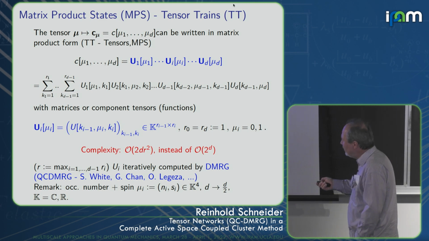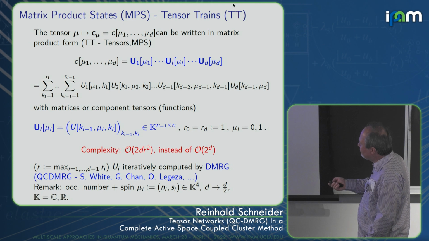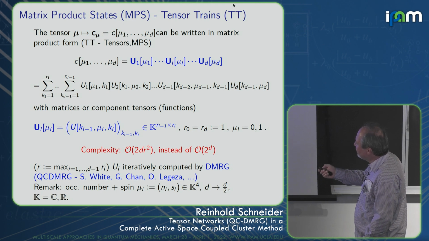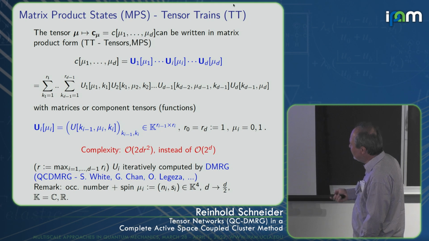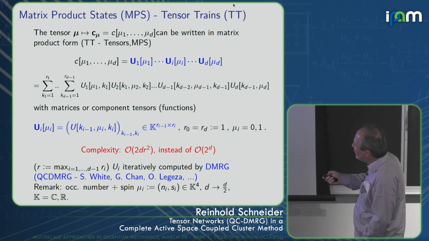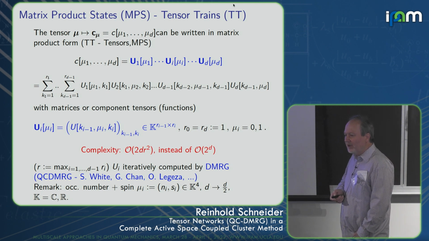So formally, you have only this number of parameters. It is linear in d, and quadratic in the maximum of all these bond dimensions or ranks. Okay. Yeah?